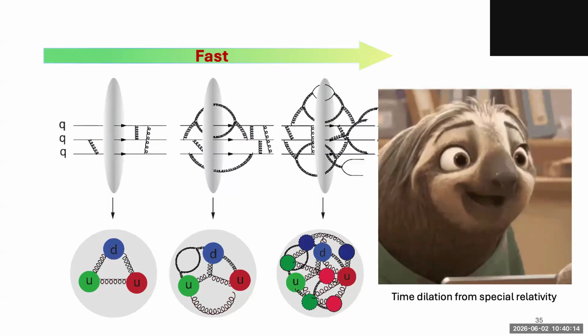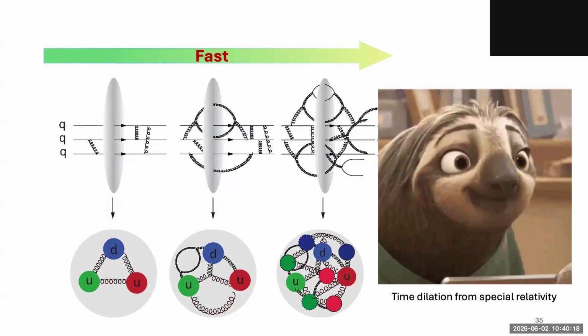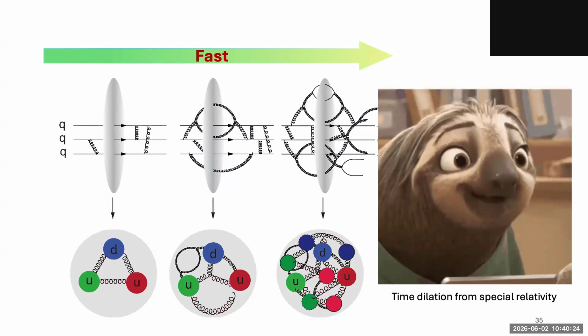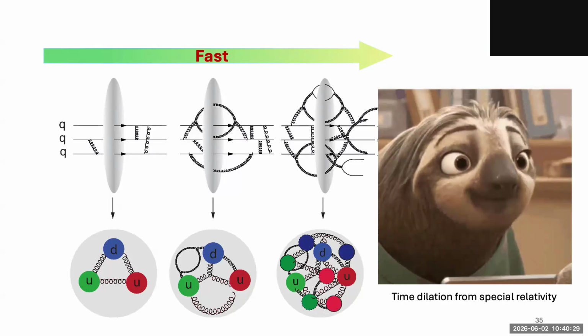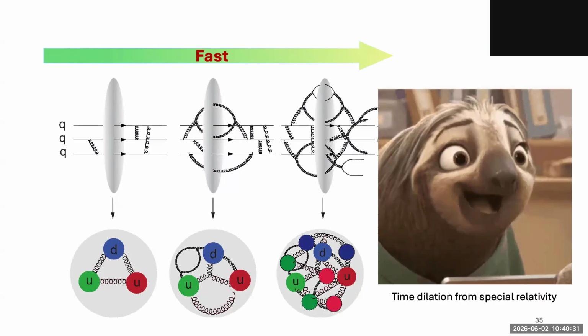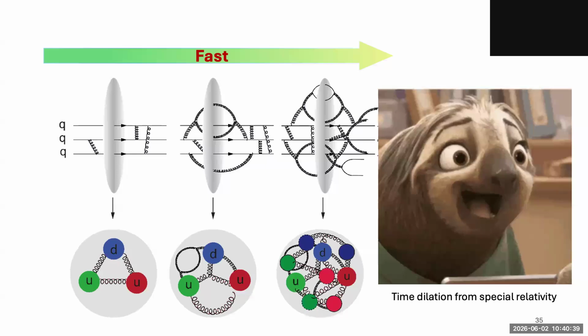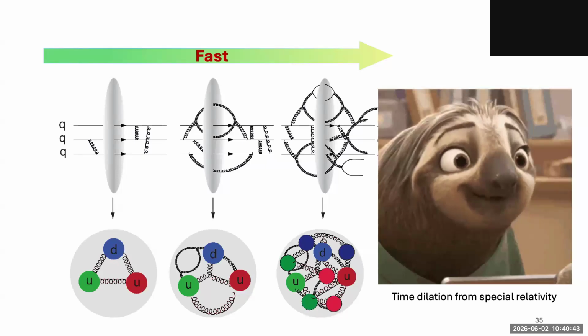And now, if you go even further to higher speed, this time dilation actually helps you, right? Because you are the observer, the proton is going very fast, time dilation. All of a sudden, it's almost like an instant time snapshot in which you see that the gluons are actually there. So now you are sensitive to the gluons, not so much to the valence quarks. And this x_Bj, or Q squared and x, why is x so important?